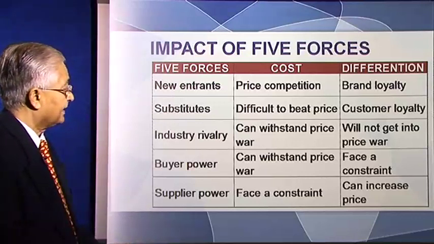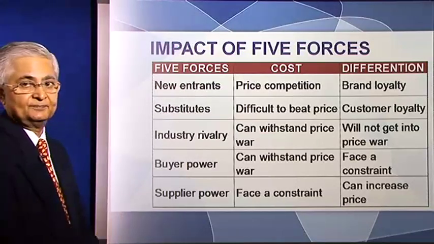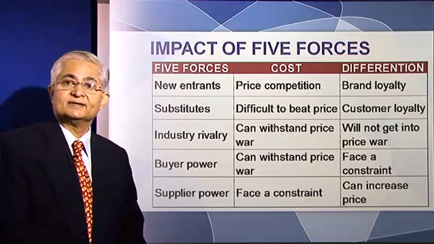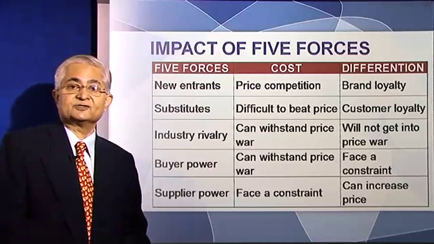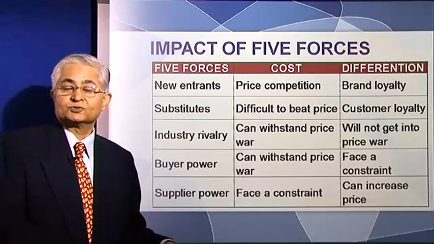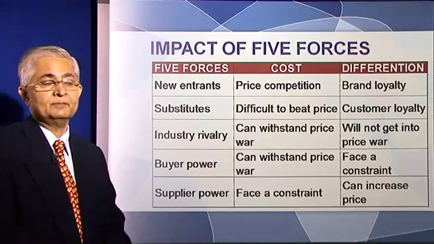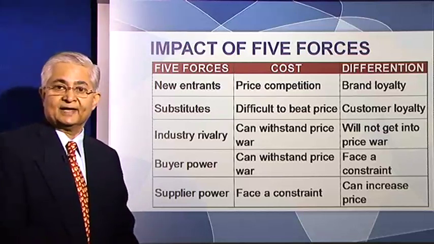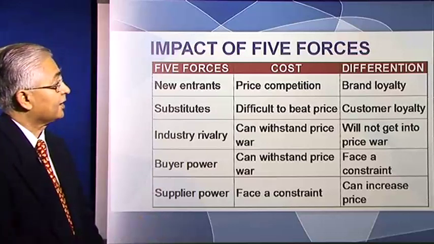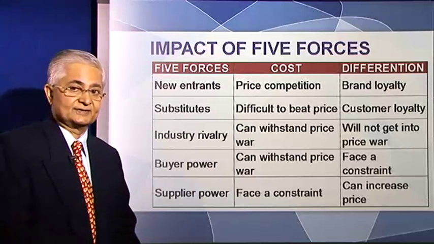If supplier power is high and there is a company following the cost strategy, then it would face a constraint, because the cost strategy means that the company must also acquire its raw materials, its components at the minimum possible cost. And if the suppliers keep increasing that cost, then a cost-based strategy becomes difficult.